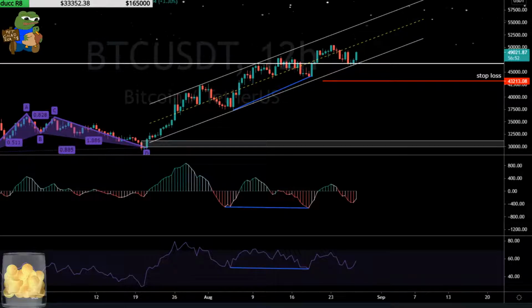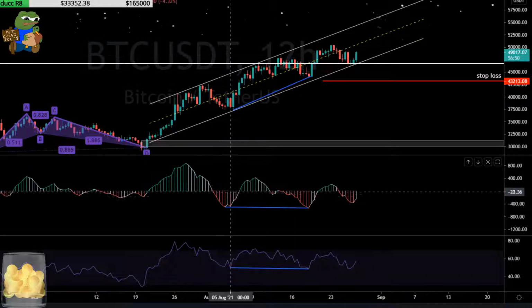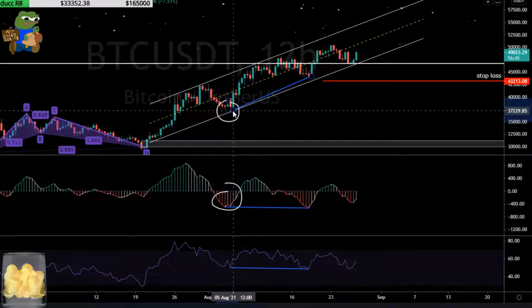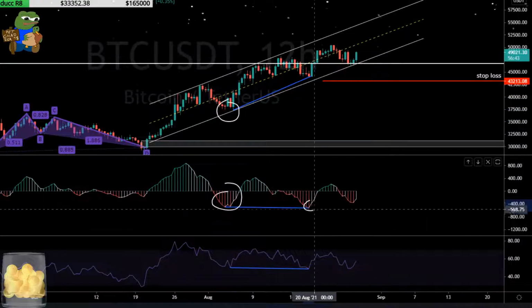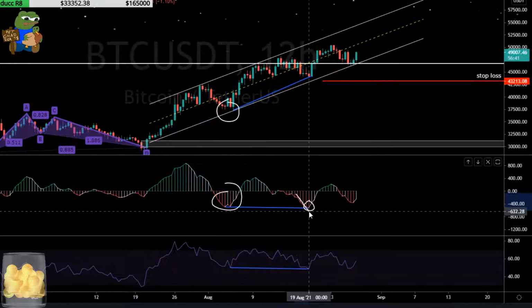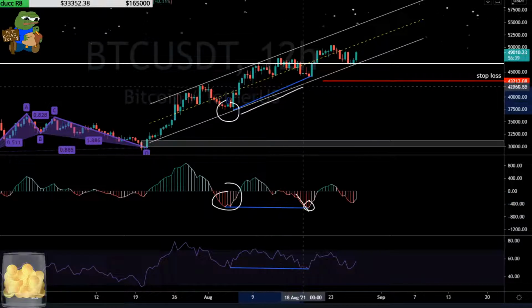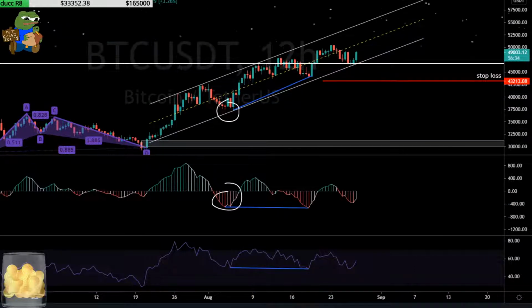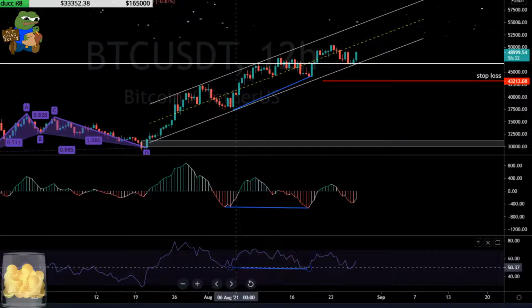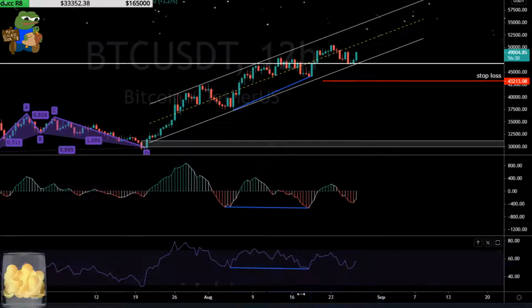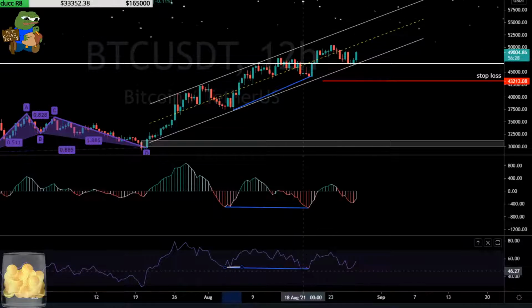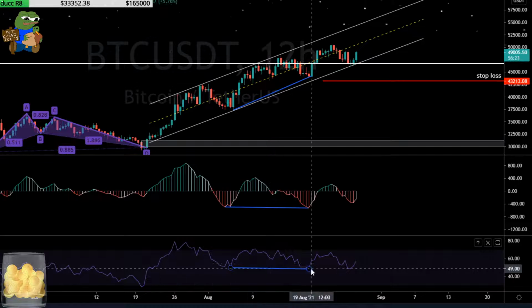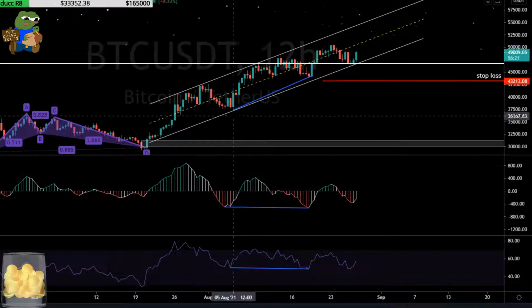When we did that, on these oscillators here, we had this initial island low from the initial anchor point. We ended up putting in a lower level of negative momentum as we put in a higher low on price, right? So that's your hidden bullish divergence. We also painted it on the RSI, where we had this initial low and a slightly lower low on the relative strength index, okay? So that was your hidden bullish divergence.